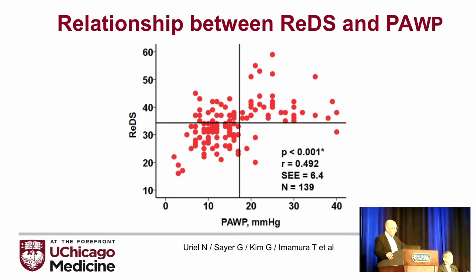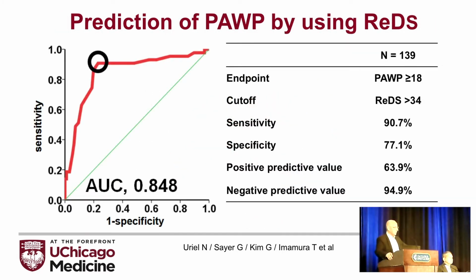So now let's understand what is the predictive value of assessing, even though we understand this is apples and oranges, elevated wedge pressure. As you can see here, if we assume a ReDS above 34, meaning 35 or above, that tells me this patient has elevated filling pressure. We have an AUC of 0.848, 0.85, a very high AUC, giving us a sensitivity of 90% and a specificity of 77%.